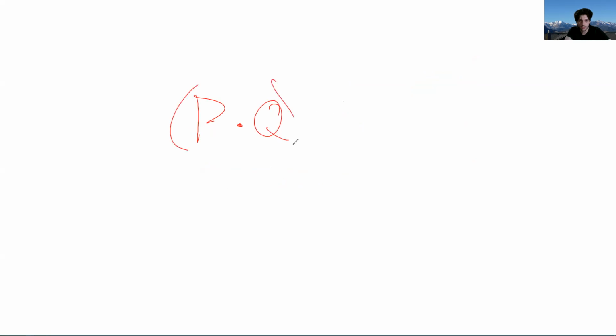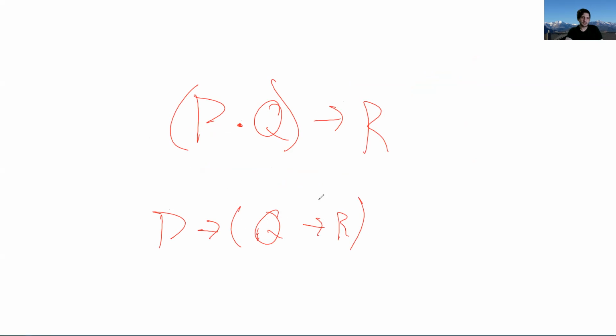So if we have this, we can go back and forth between this and just saying, well, this is saying, if you do both of those things, I'll give you R. That's going to be the same thing as just doing them one at a time, saying, if you do P, then if you do Q, then I'll give you R. It's just kind of like slowing it down. You can check both boxes off at once, or you can check them off one at a time.